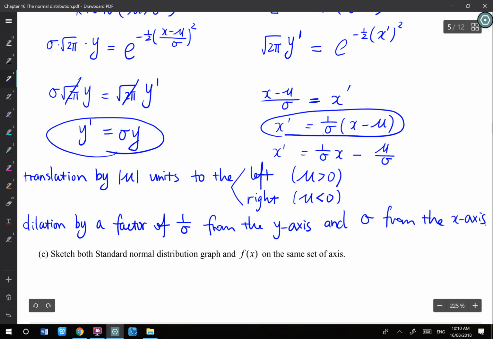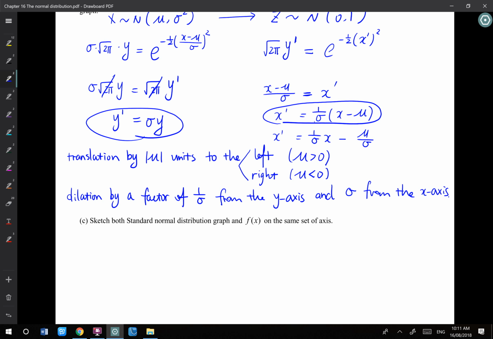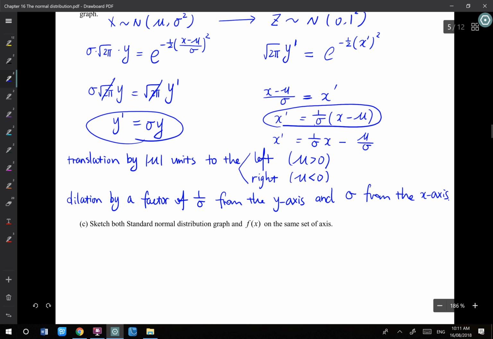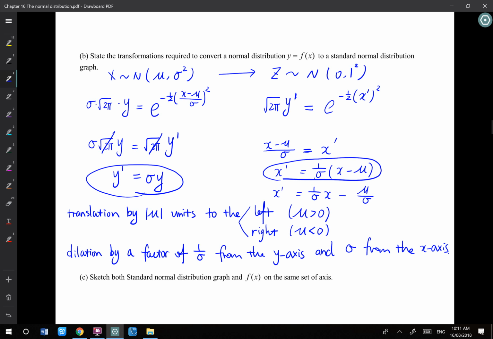You can see it's totally opposite compared to what we did at the beginning. And then whatever the mu value is, you just substitute the mu value and sigma value in. You can just describe it later.